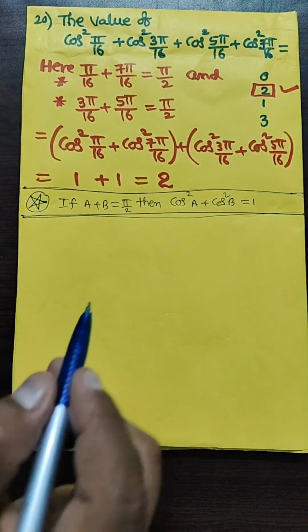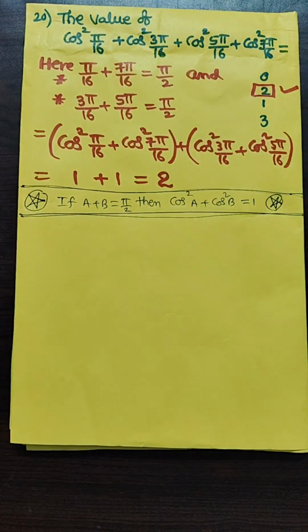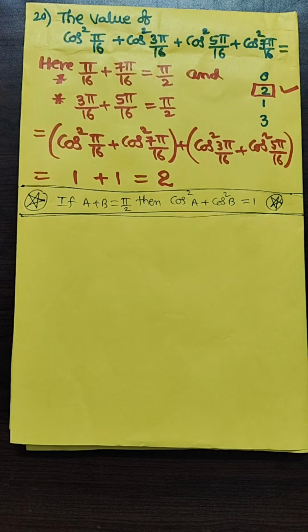Okay, by using this formula, you have to get it. This is the short trick formula. I hope you understand. We'll move to the next question.